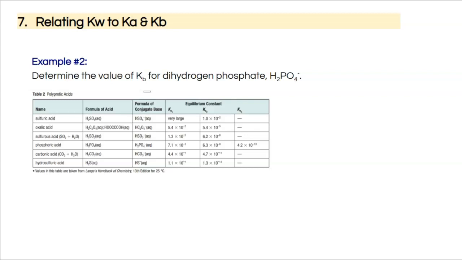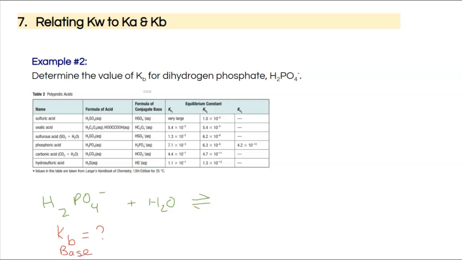And so I'm hoping one of the first things that you did was to go ahead and write out the ionization of this substance acting as a base, our dihydrogen phosphate. Because we need to know what Ka value to seek out. So if I say H2PO4 minus reacting with water, and again, if I'm looking for the Kb value for this particular substance, then it's acting as a base, right?